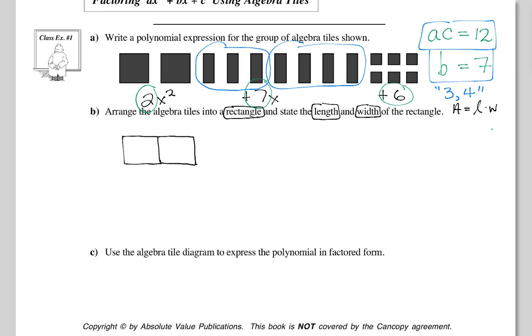You have the two squares, and then we can line up 3 vertically. And then the other 4, we're going to split up into two sections like this. And that leaves exactly room for how many of those smaller ones? 6.